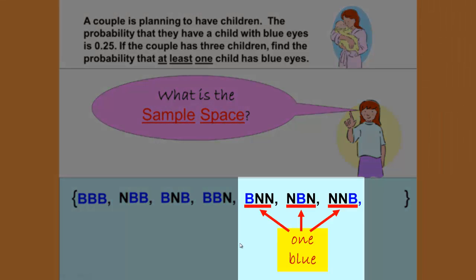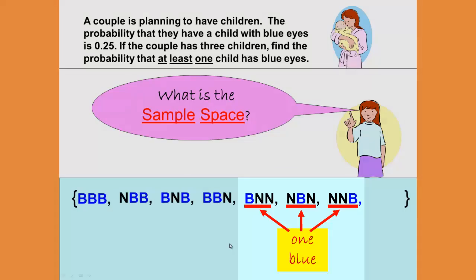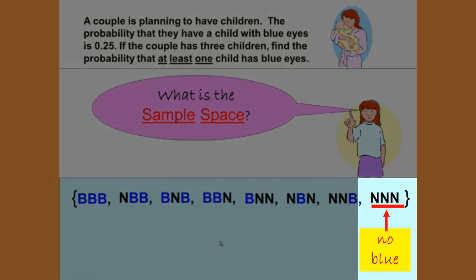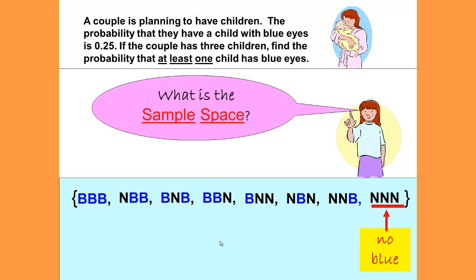Then you could have only one with blue eyes and the other 2 children not have blue eyes, and the one with blue eyes could be the first child, the middle child, or the last child. And lastly, you could have no children with blue eyes. And this consists of all the possible ways to have 3 children, either with blue eyes or without.